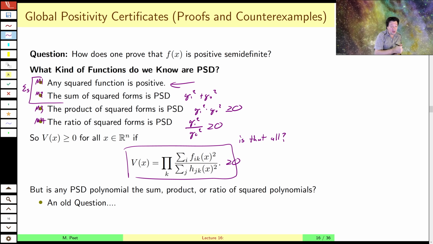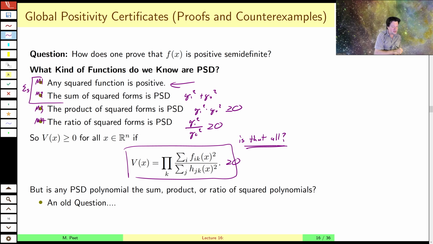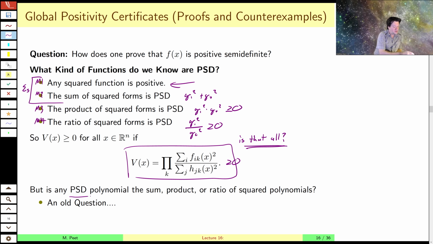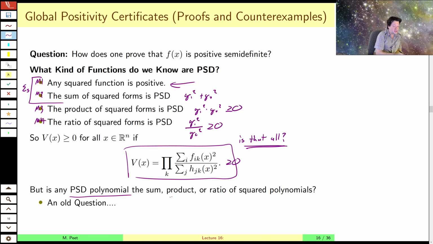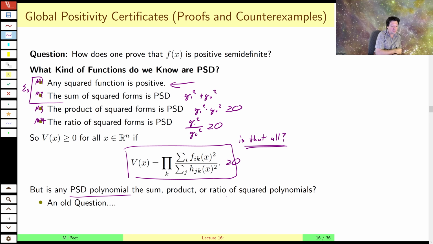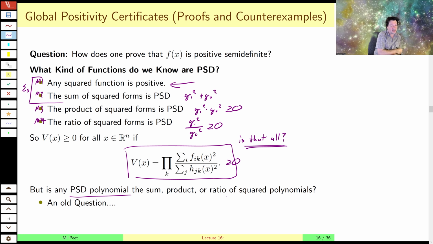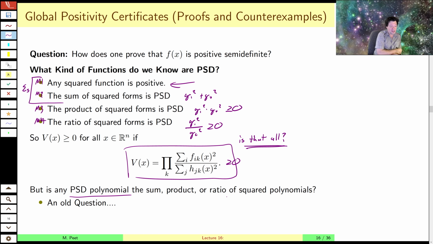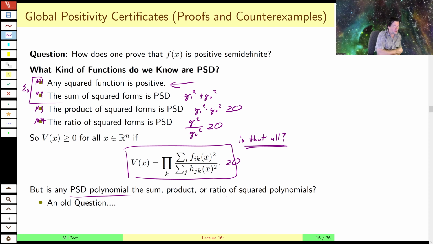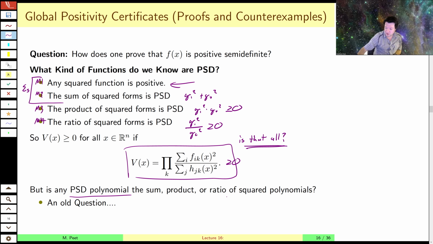But is that all? Is that enough? Is any positive semi-definite polynomial the sum, product, or ratio of squared polynomials? And it turns out this question is actually much older than optimization, obviously. It's one that's been studied for hundreds of years.